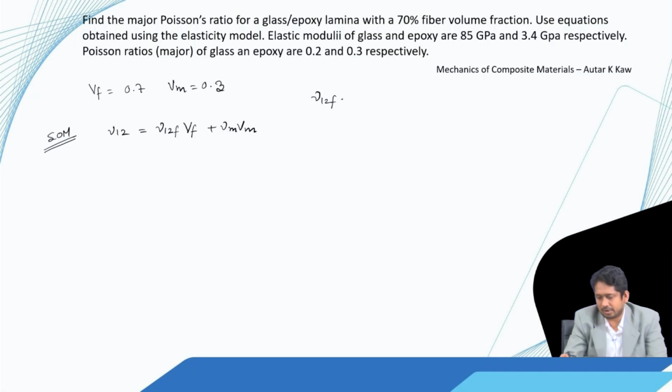So, nu12f is given as 0.2 and nu m is given as 0.3. So, with that the value that we get here is 0.23.